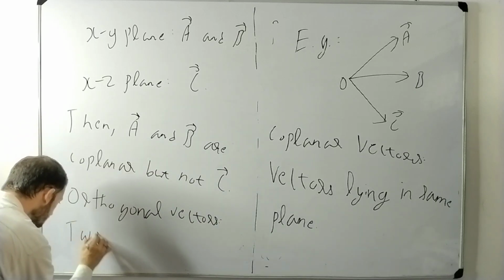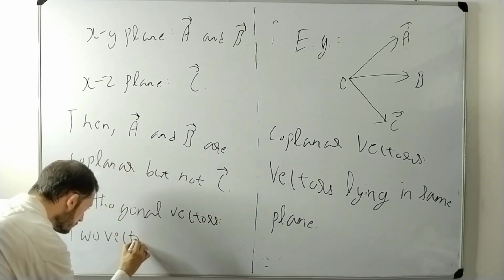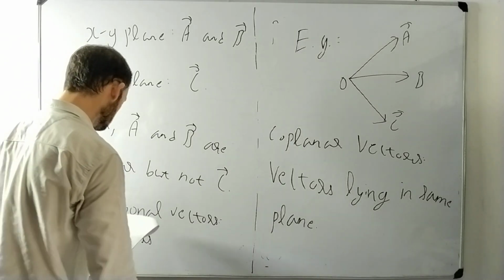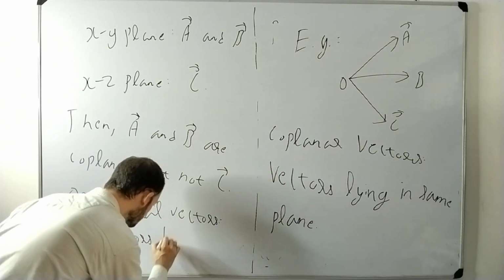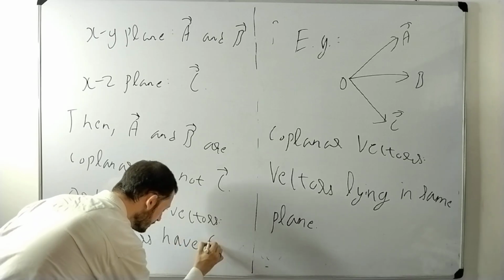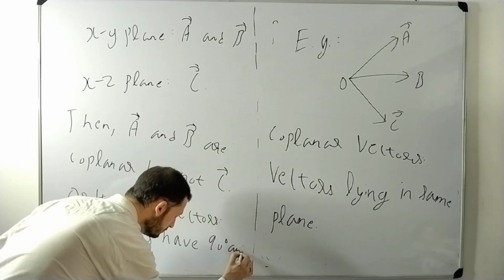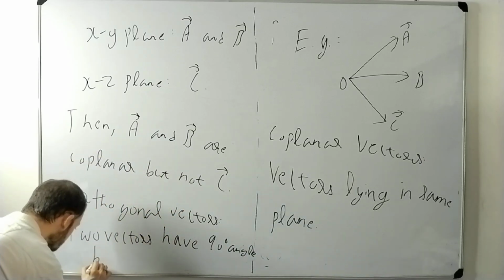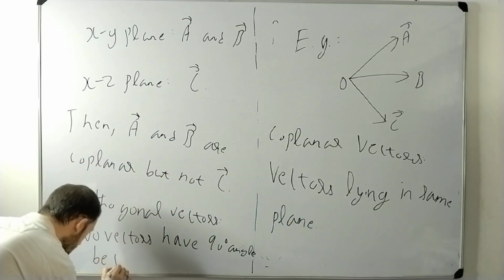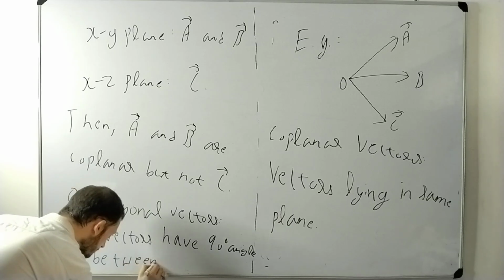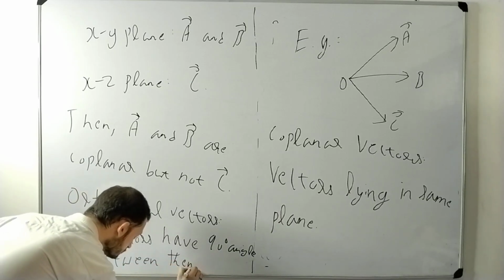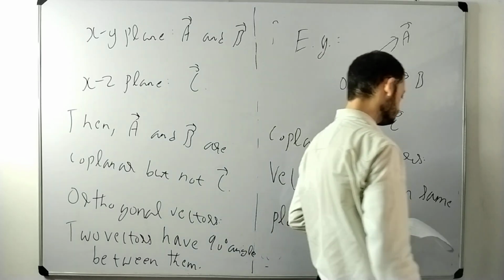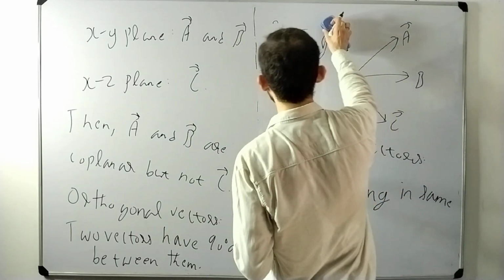Two vectors have a 90-degree angle between them. Right, students? Between them. This is the thing.